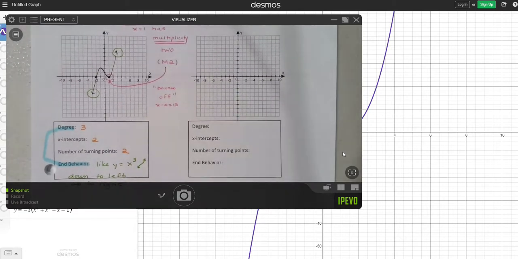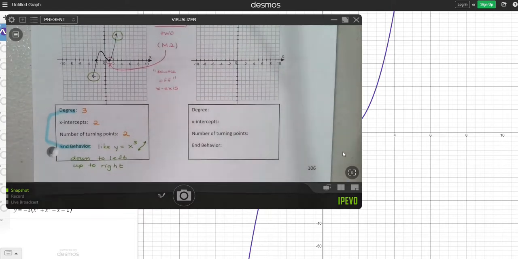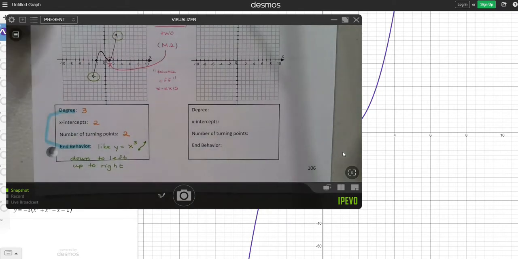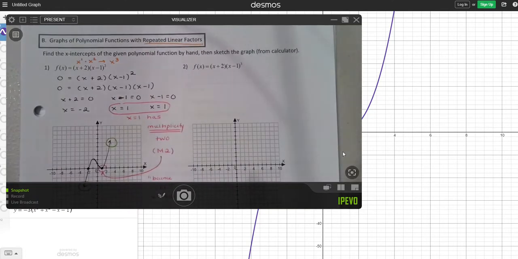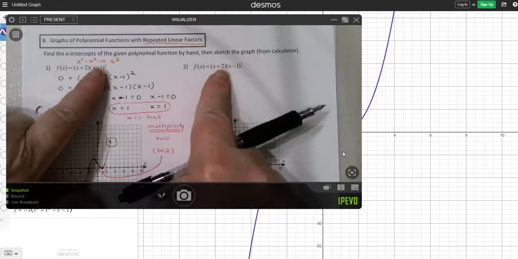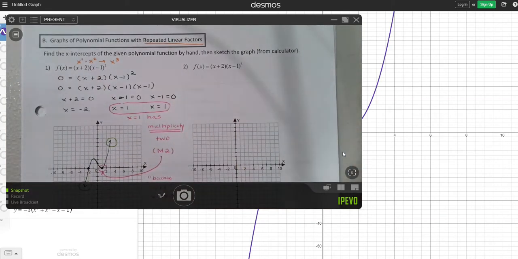Okay. I'm not actually going to take the time to write that out for every single one of these. You can fill them in if you like. But what I would like to do instead is take a look at what we're doing, and then we will look at what happens using the Desmos graphs rather than painstakingly filling this all in by hand. So, when I go to number 2, notice it's almost the same equation, except this time my x minus 1 is to the third power.